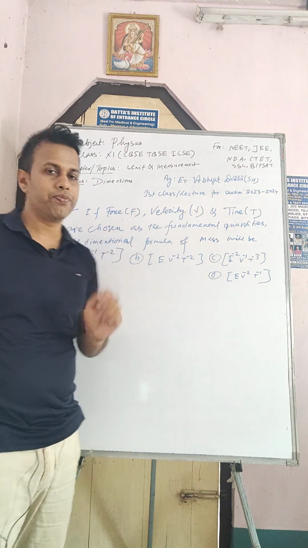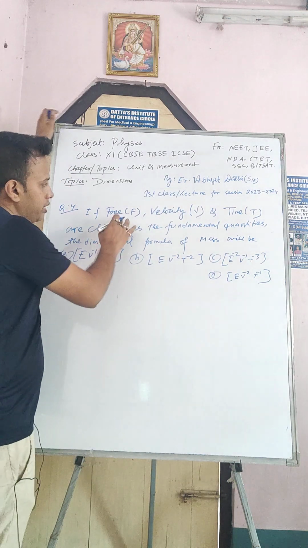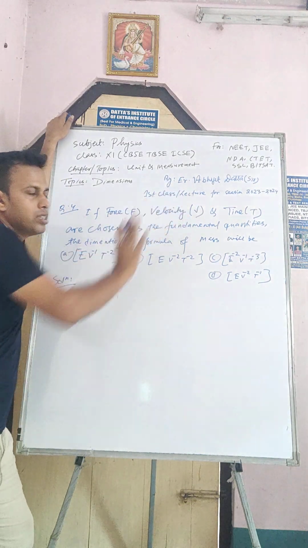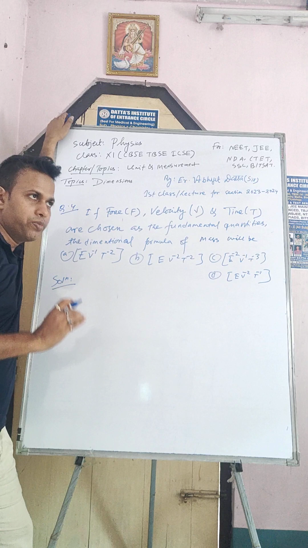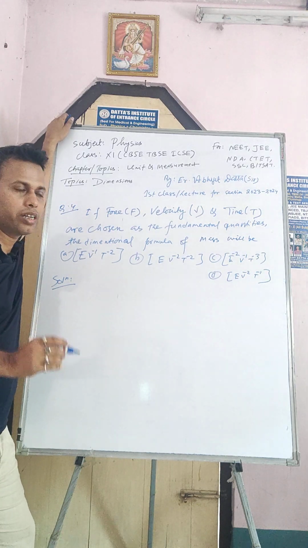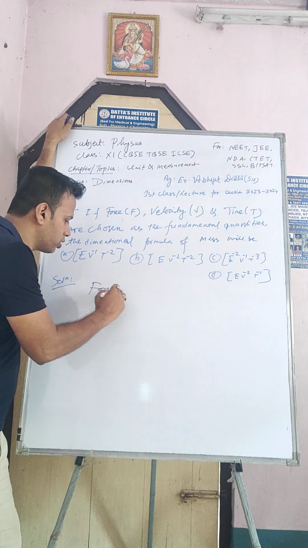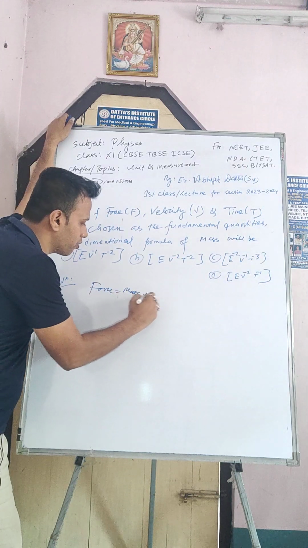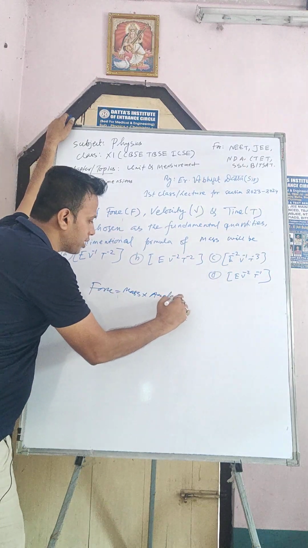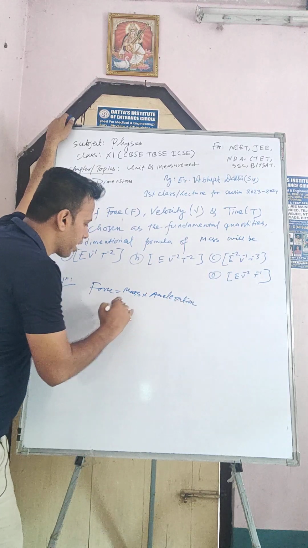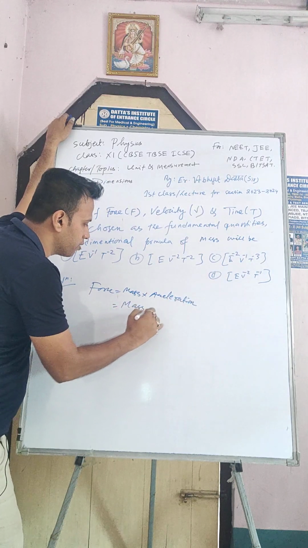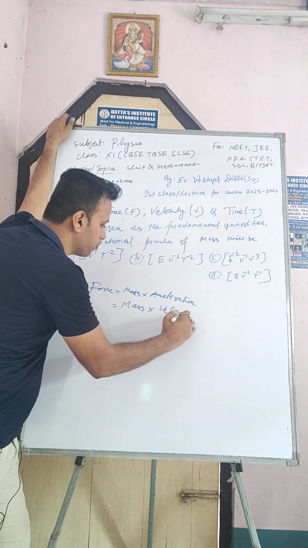Got my point? So considering F, V, T as fundamental, from that we have to find out the dimensions of mass. We know that force is equal to mass into acceleration. Acceleration can be split into velocity by time.